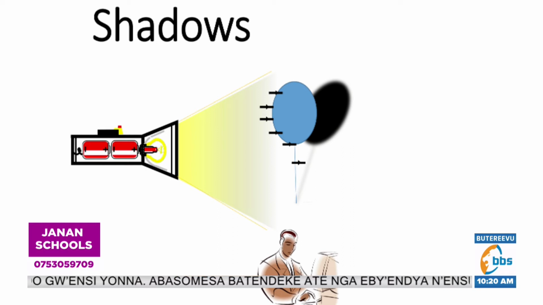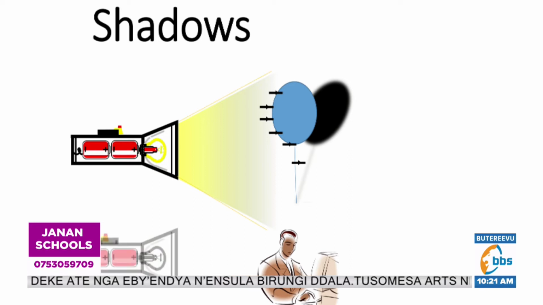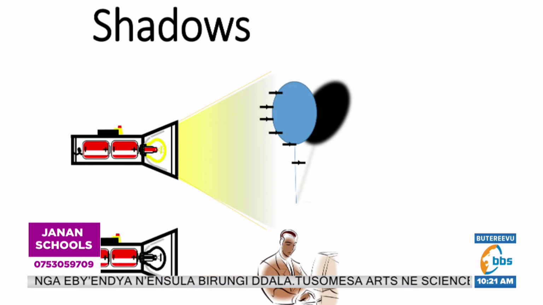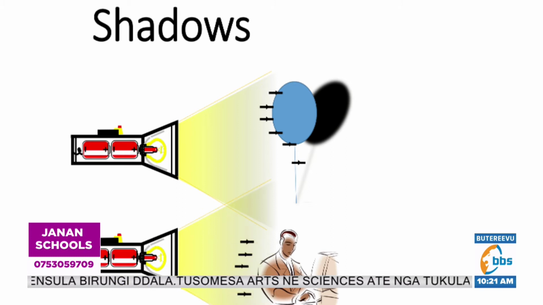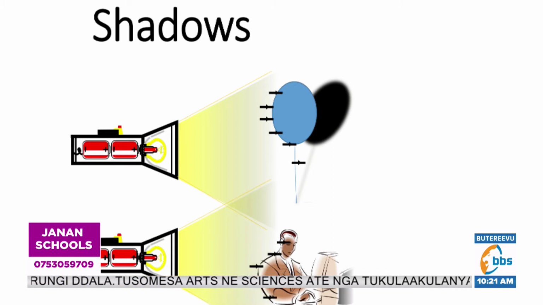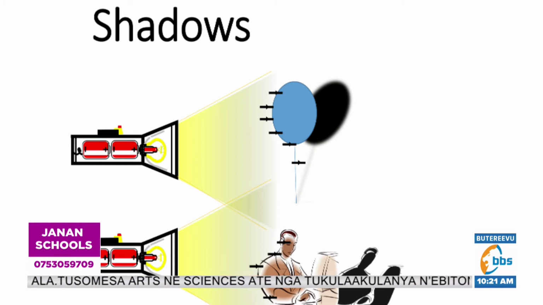We are going to use the same torch to produce the light, and we need to observe what is going to happen. Your human body is an opaque object, and once it blocks the light, you've seen what has happened on the other side. The shadow is formed.